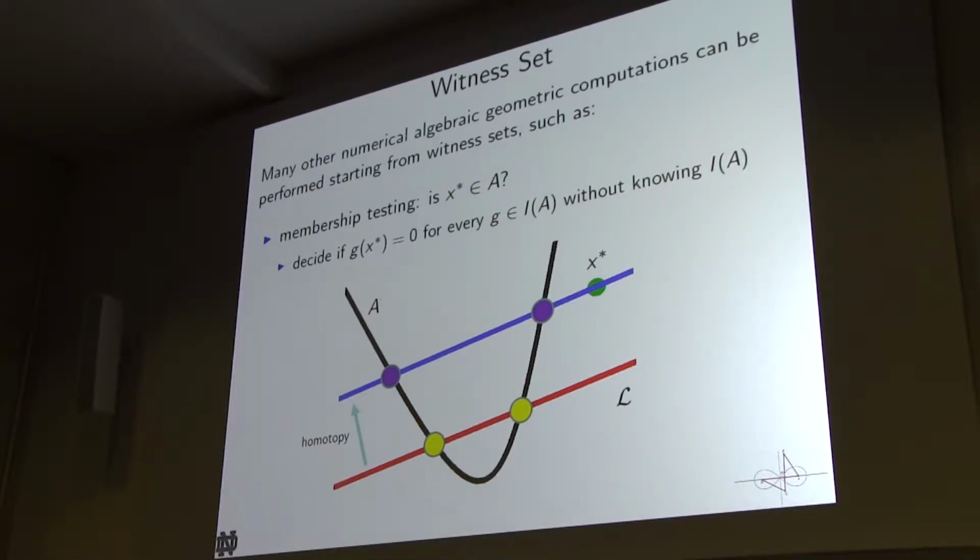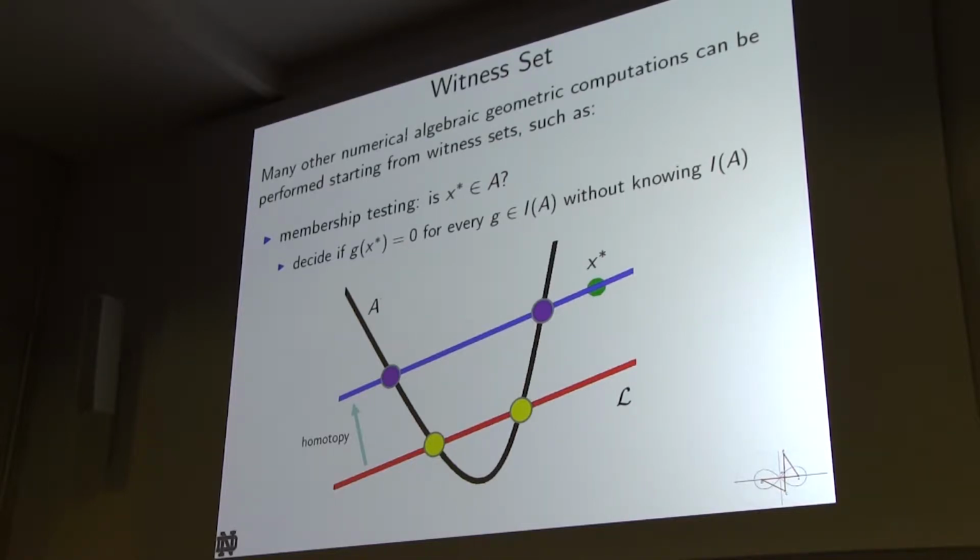So what you do is you pick a linear space that passes through the point that you're trying to test. Pick a general linear space that passes through that, and then do a homotopy from this line to that one. And so this tracks two paths. The yellow point goes to the purple point, and the yellow point goes to the purple point.